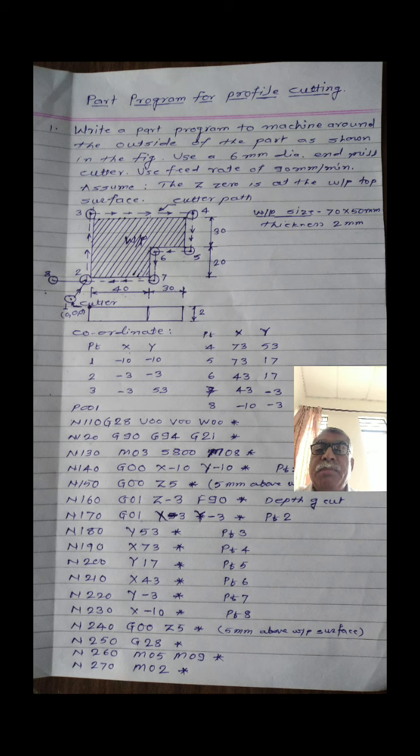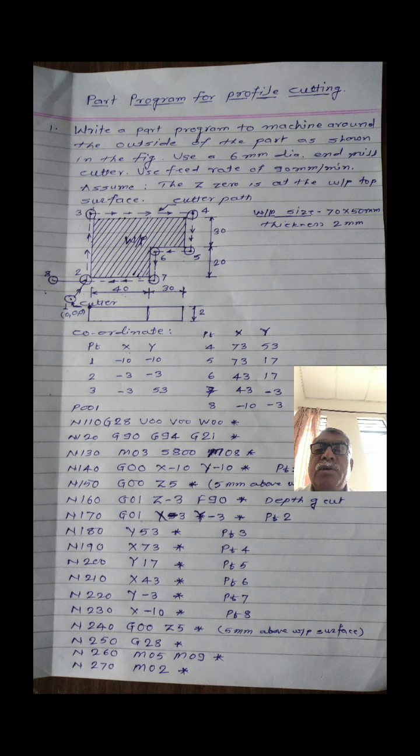Is it clear why it is -10 and -10? From this workpiece 0 point, along the x-axis or y-axis, above are positive, and below that these are negative. Therefore coordinates of point 1 is -10, -10.